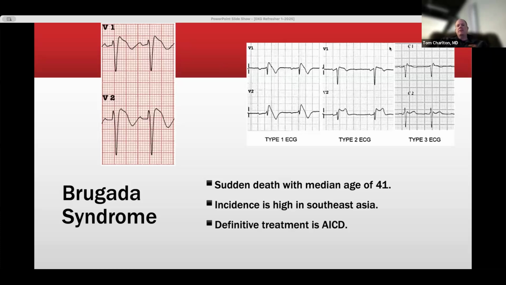However, there are also a couple of others, this type 3 and this type 2, the type 2 being the more common of them, that causes this saddleback ST deformity. If you think about it, it kind of looks like a horse's saddle that you would ride in. That's why it's called the saddleback deformity.